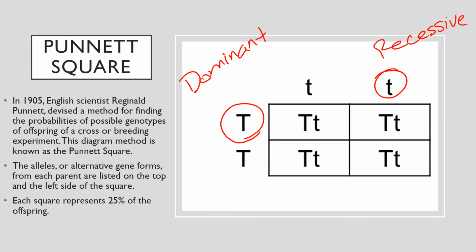Dominant genes are always going to be expressed, while a recessive trait is not always going to be expressed. It is only expressed if there's no dominant trait.